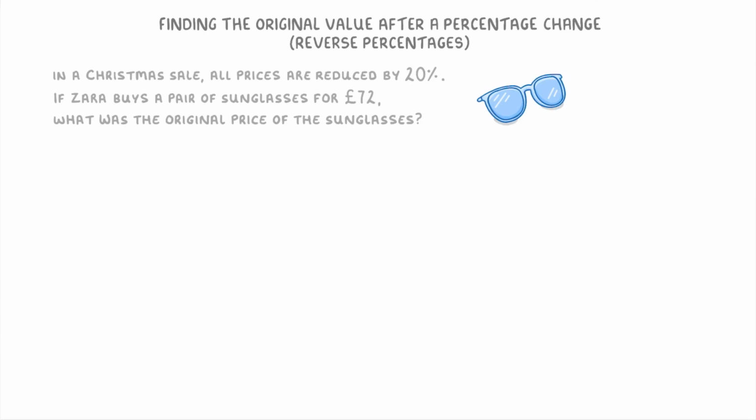In a Christmas sale, all the prices have been reduced by 20%. If Zara buys a pair of sunglasses for £72, what was the original price of the sunglasses? So in this question, we're looking for the original price before it was discounted. And we know that once it's been reduced by 20%, the new price is £72.